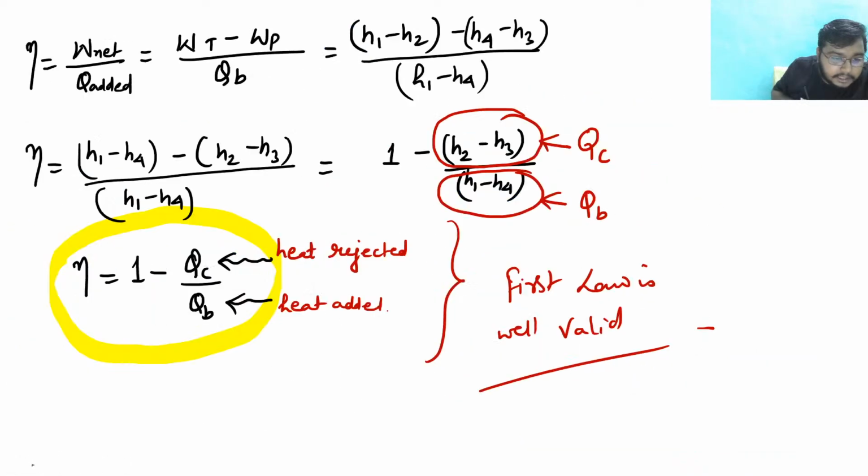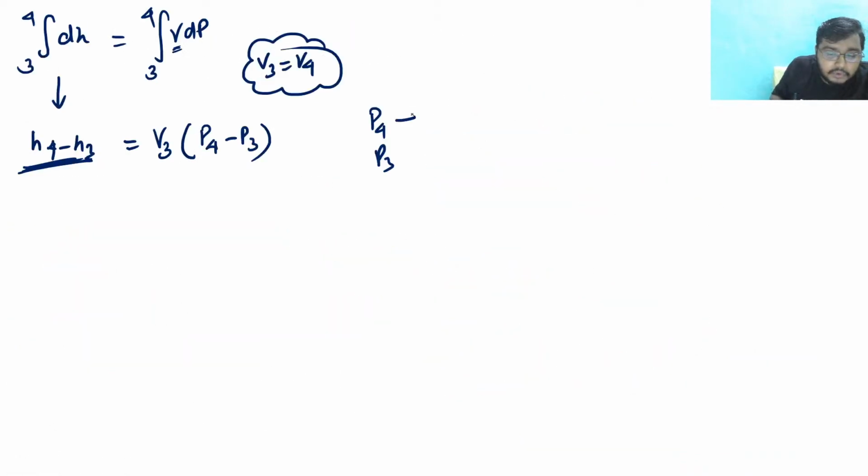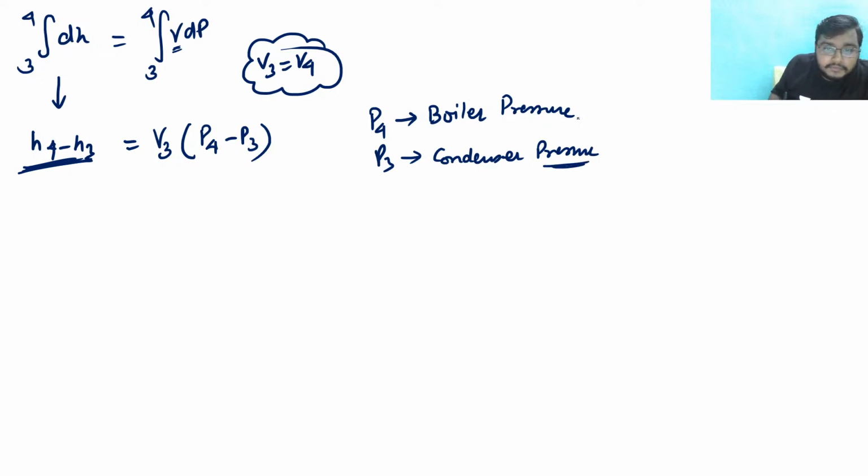So I can replace P4 with boiler pressure, and P3 is nothing but condenser pressure. Hence P4 is replaced by Pb and P3 by Pc. Clear? So if I write it here, H4 minus H3 is equal to V3 times Pb minus Pc.